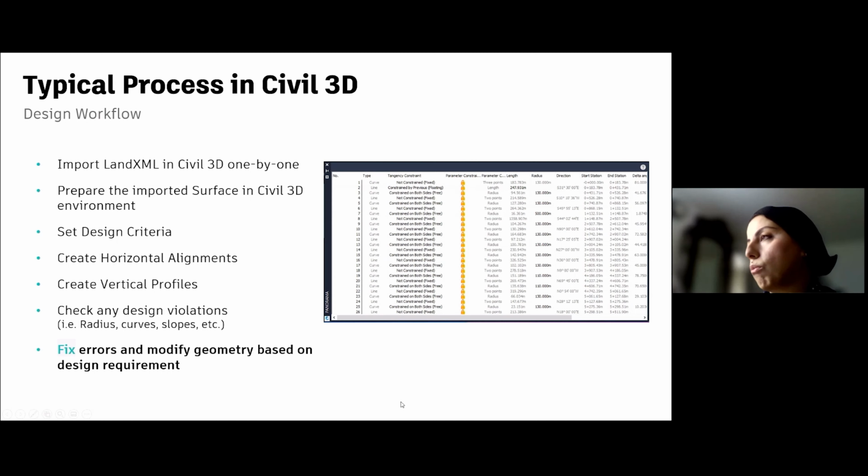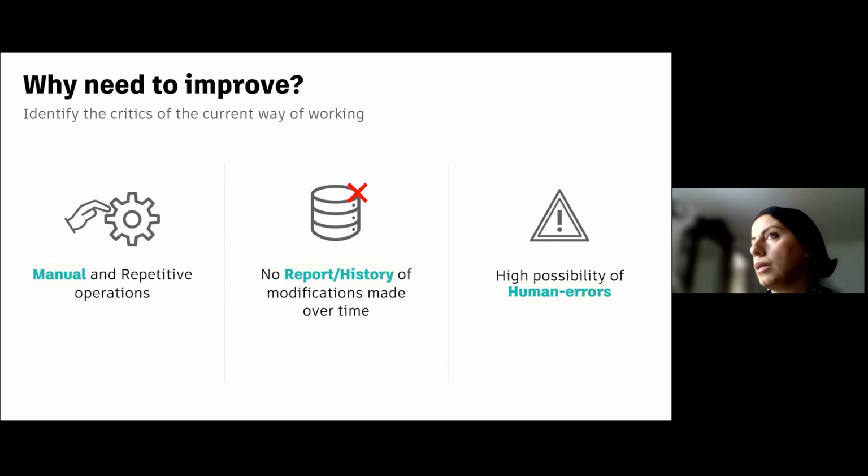So we always make sure that for this specific requirement, we need to have K value more than 28. If the K value is less than that, we need to fix it. We need to do some improvement for the road. Next, please.